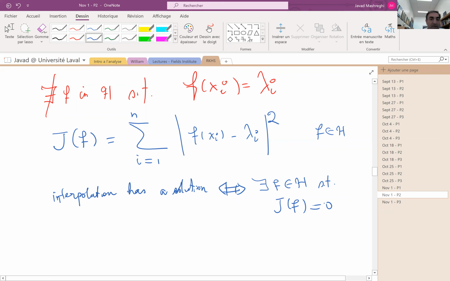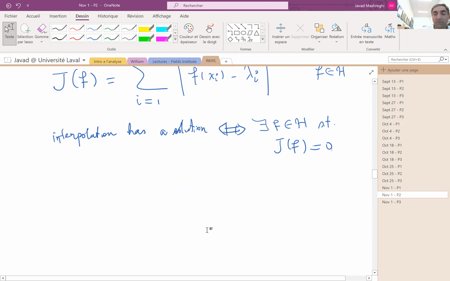That's the meaning of interpolation. But if not, give me an f such that J of f is minimal. It's not 0, but it's as close as possible to 0. That's the meaning of least mean square approximation. And so we are looking for an f with minimal error.